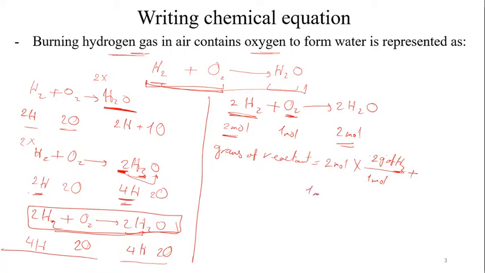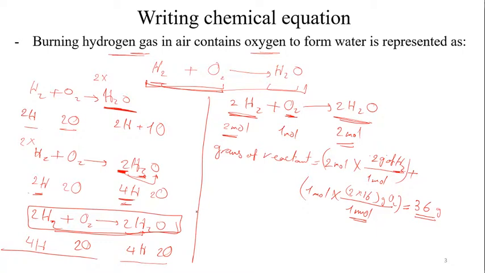So I have 1 mole of oxygen multiplied by the molar mass of oxygen gas, which is 16 grams over here for O2. If I know that would be equal to 1 mole, the sum of that would be equal to 36 grams. This means I have 36 grams of the reactants to give me this product.